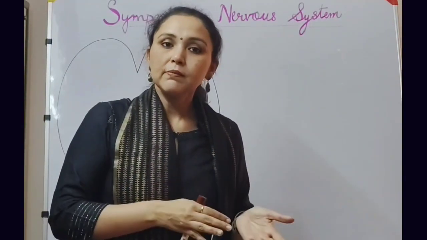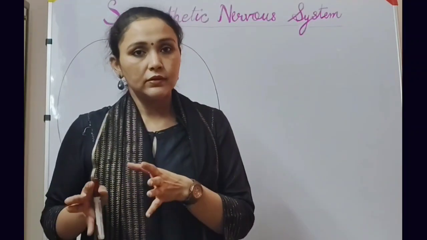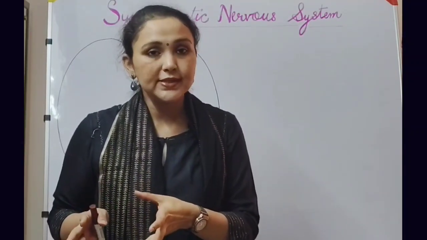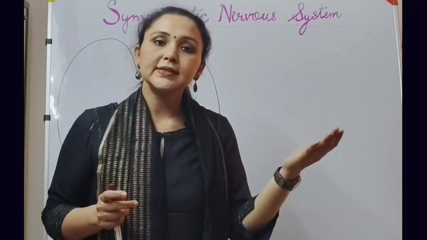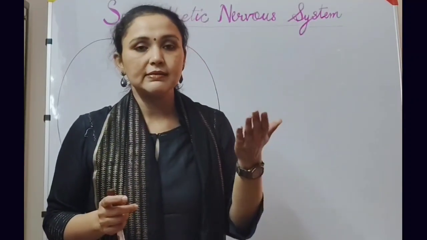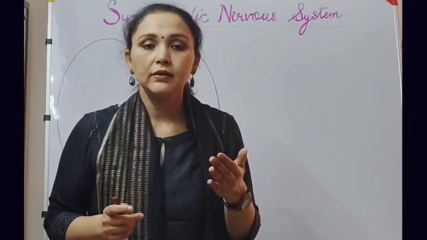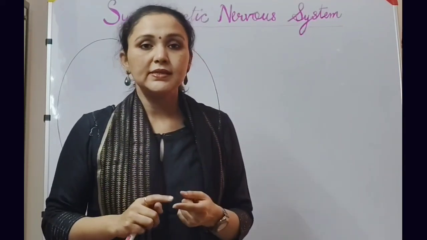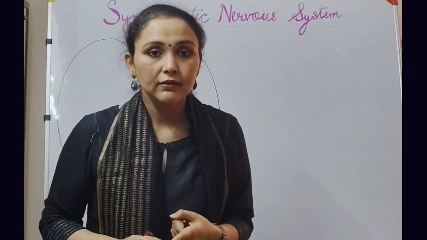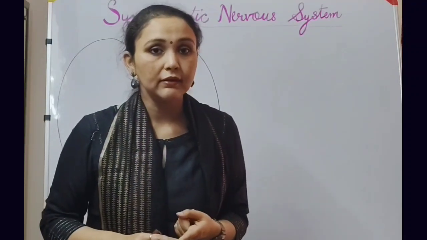Now it deviates the blood from the GIT and the other pelvic viscera, and the skin also, towards the brain, the skeletal muscles, the heart. So what will happen? The blood going to the skin is decreased. That means there will be pale skin. That is why the face appears so pale and cold.